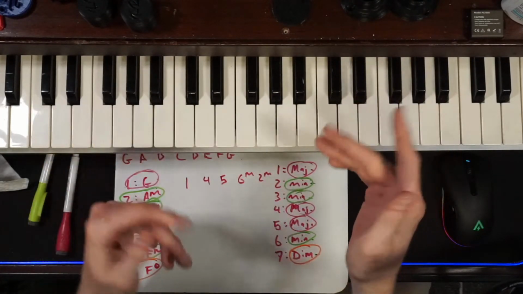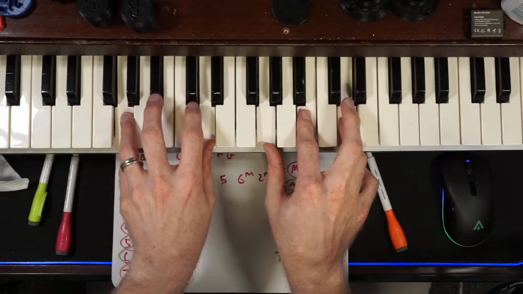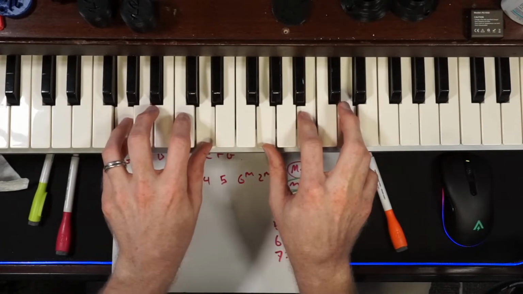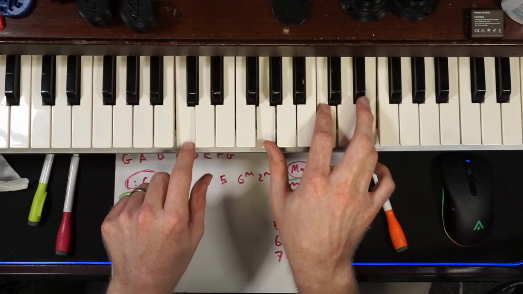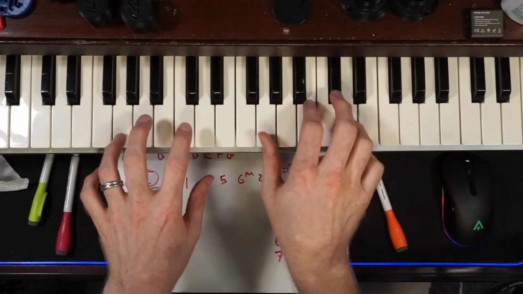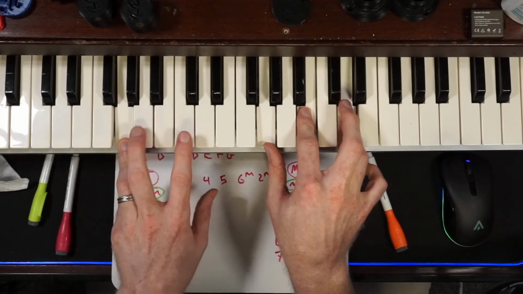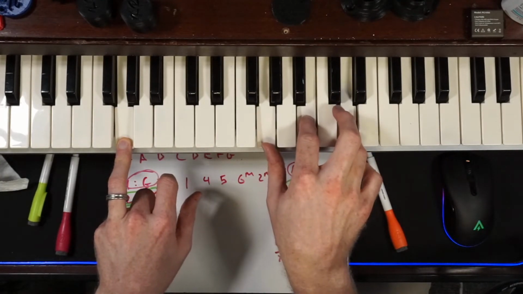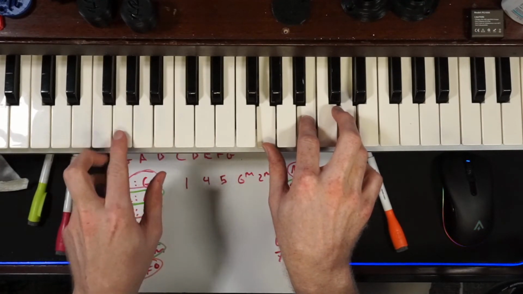So let's look at another key. We have the key of G. Here's our 1, our 4, our 5, back to our 1. Now if we want to play the minor chord, I'm going to keep my right hand the same, and I'm going to play the 6 down here.